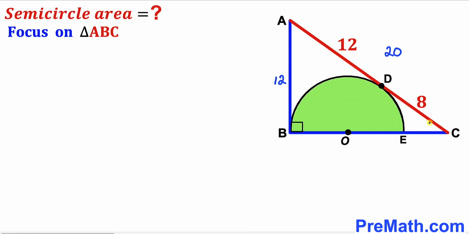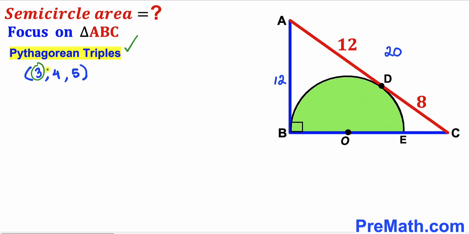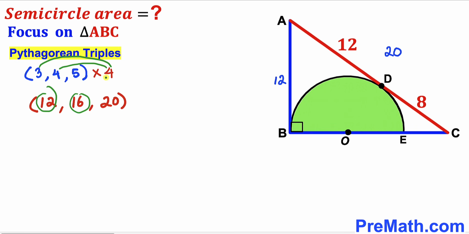Now let's focus on this big right triangle ABC. Let's recall the Pythagorean triplets 3, 4, and 5. If I multiply these triplets by 4 across the board, then our new set of Pythagorean triplets is 12, 16, and 20, since 4 times 3 is 12, 4 times 4 is 16, and 5 times 4 is 20.